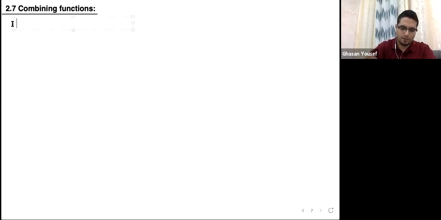So first of all, we have to know, let's say I have two functions. Let f be the first function and g be the second function. Suppose f is a function and g is also a function, with domains A and B respectively.